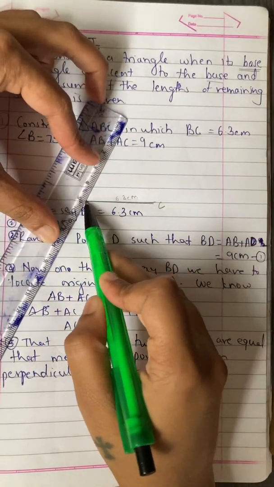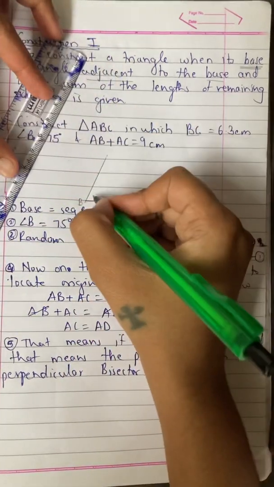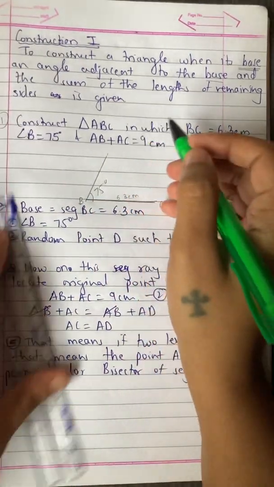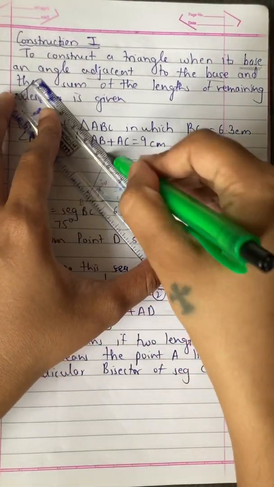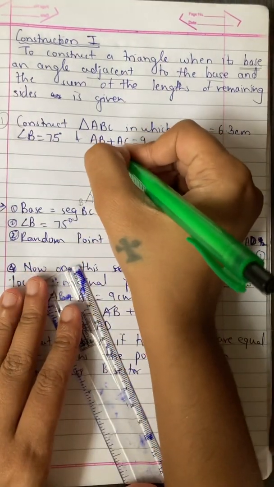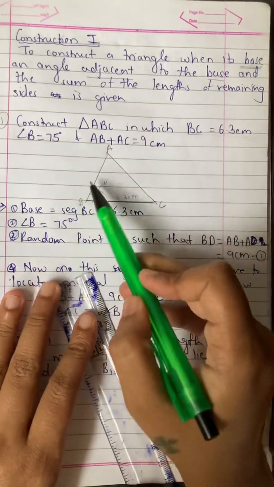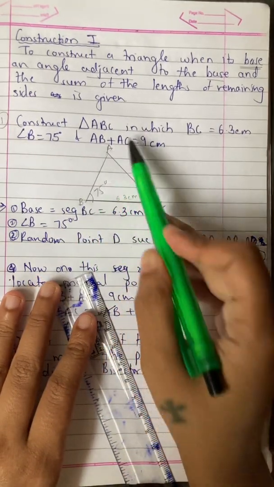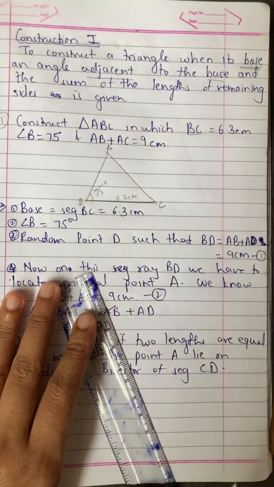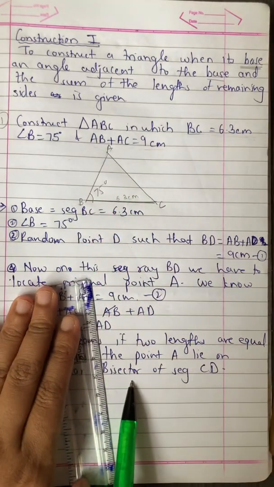So from B I have to draw a line, and let us consider this angle is 75 degree, and I'll complete this triangle because this is a rough figure. If BC is over here, then this point definitely is going to be A. So ABC will be the triangle, and AB plus AC, the addition of the lengths of both sides, is given equal to 9 centimeter. Now how to draw this? Those points are given over here.